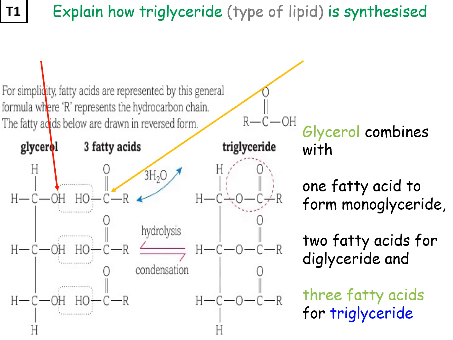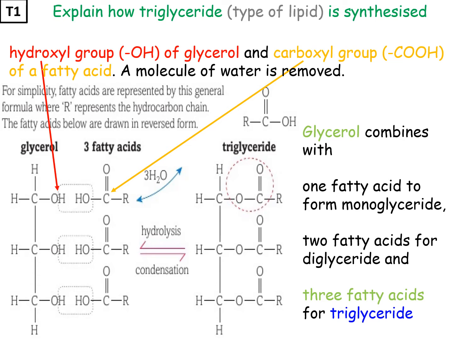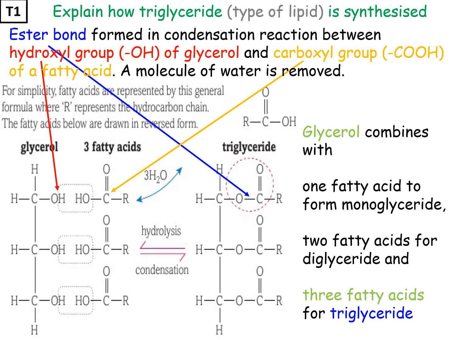The reaction happens between the hydroxyl group of the glycerol and the carboxyl group of the fatty acid, and this forms a water molecule as well, which is removed, which means that it is a condensation reaction. An ester bond is formed in that condensation reaction, between the oxygen and the carbon of the fatty acid.